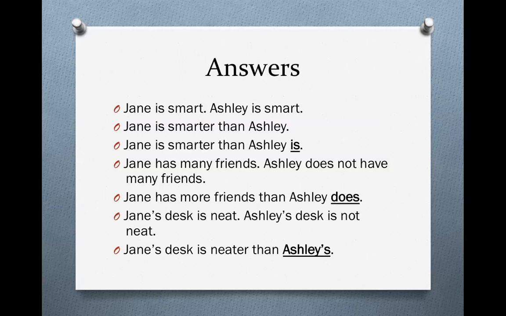Jane has a lot of friends, Ashley doesn't have a lot of friends. So we say Jane has more friends than Ashley does. Why do we use does here? Because our main verb is an action verb, have. If it was a be verb, we would use is, but it's not a be verb, so we use does.